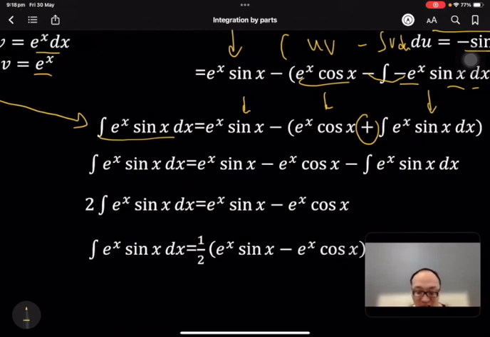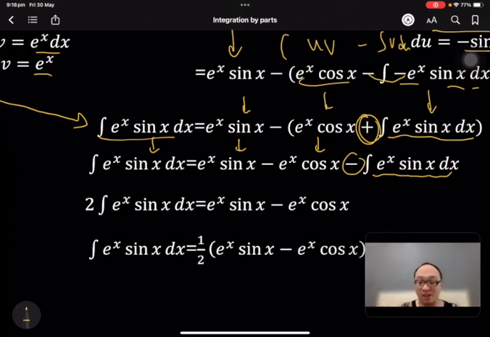Now, since we have another integral at the last part, the other one we just copy and then open the bracket, so the positive sign becomes a negative sign here, and we still have integral e to the x sin x dx at the end, which we cannot integrate anymore. Now, how do we integrate this then?